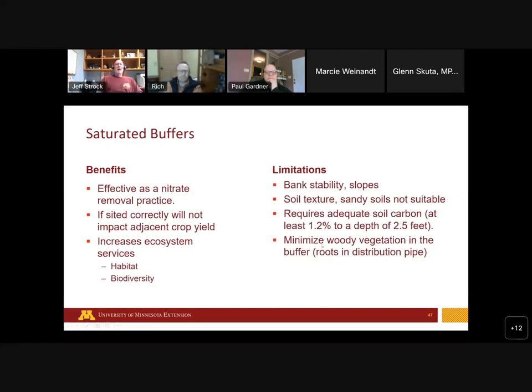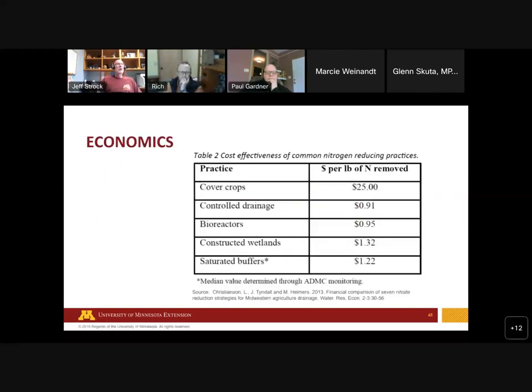And one of the things that has been found is that woody vegetation in the buffers, as the water moves through, where the distribution pipes are for these systems, woody vegetation does tend to have roots get into those tile and clog them up. So the grassy ones, we've not seen that, but the woody vegetation does have a propensity to get in and mess up the drainage system where you have a saturated buffer.